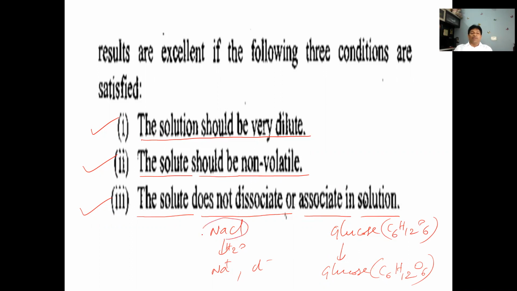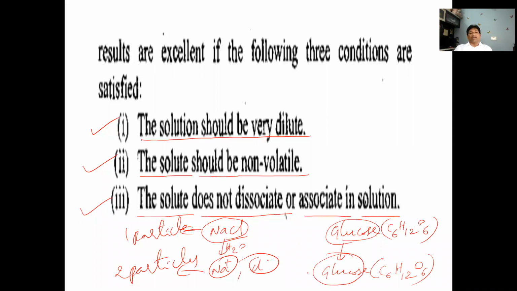But one particle of NaCl is dissociated into two particles. Two particles are produced from one particle in case of NaCl. But in case of glucose, one particle remains one particle. Here there is no association and no dissociation in case of glucose.